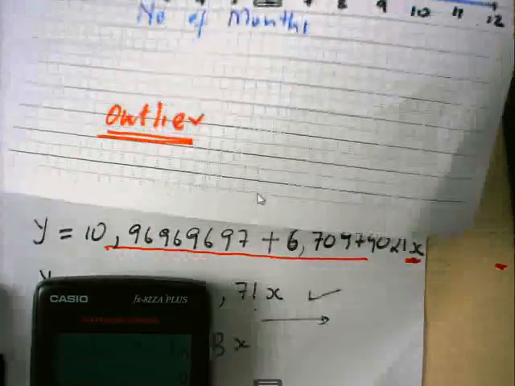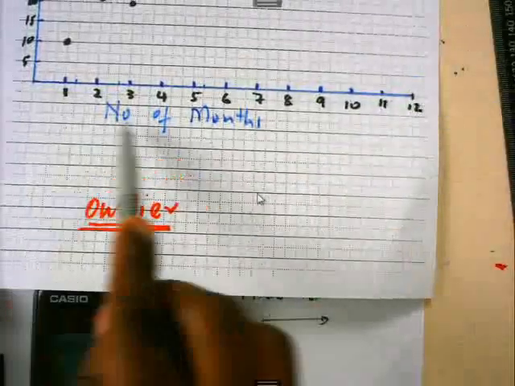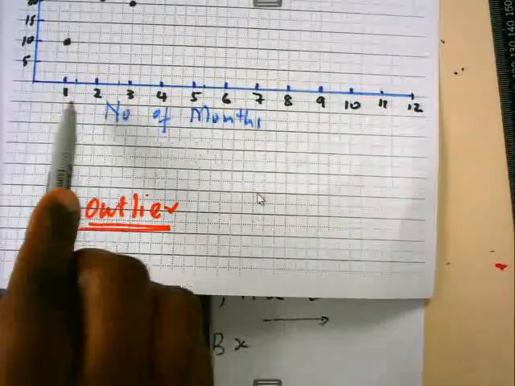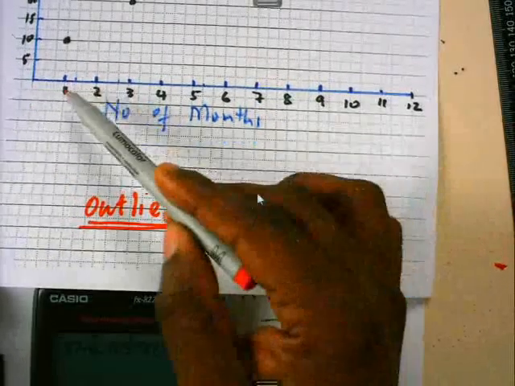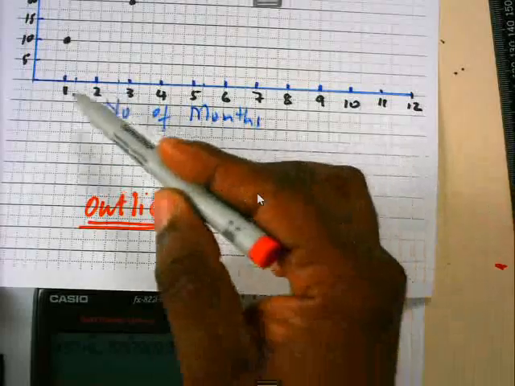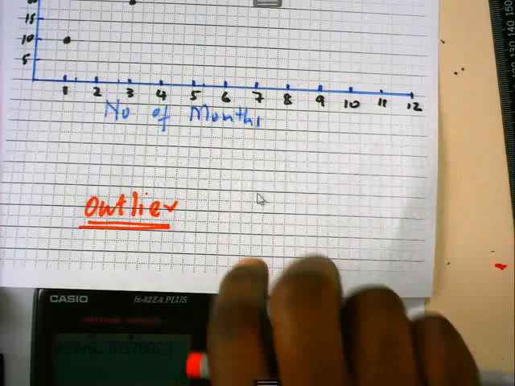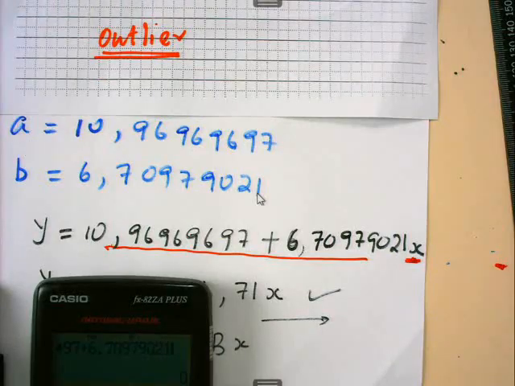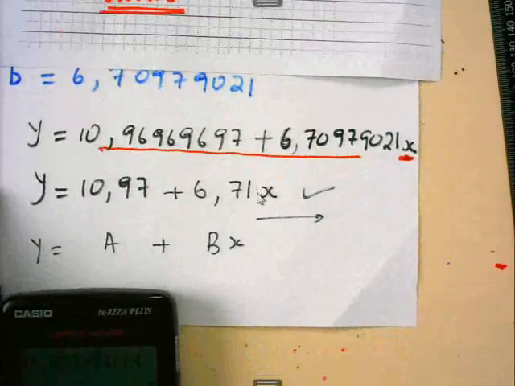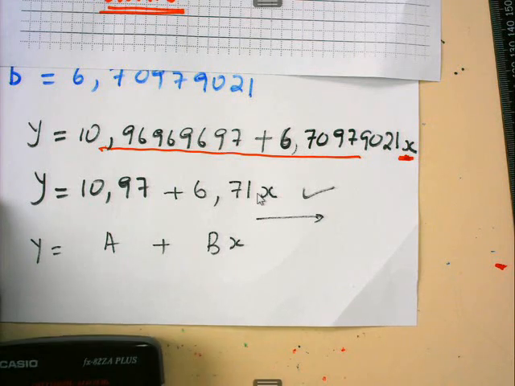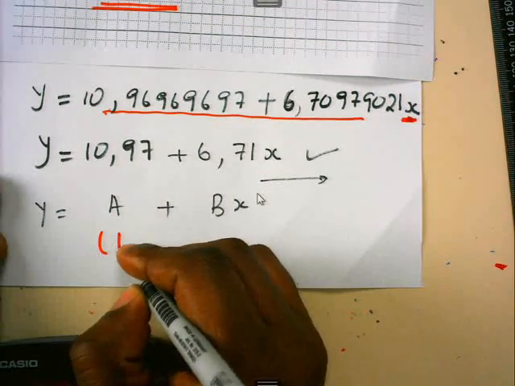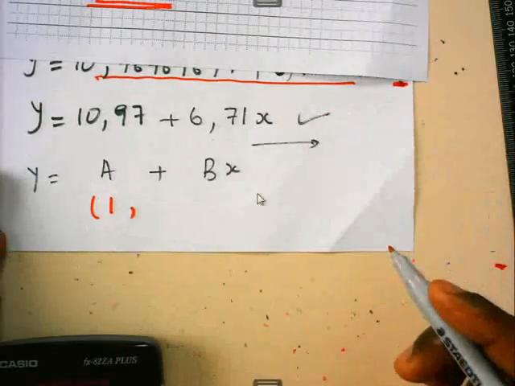Remember this is the x-axis. We take this value of x, let's just say 1, and we substitute 1 for x. On the calculator we say brackets 1, so for x we are putting in 1. We want to check if x is 1, how much will y be.